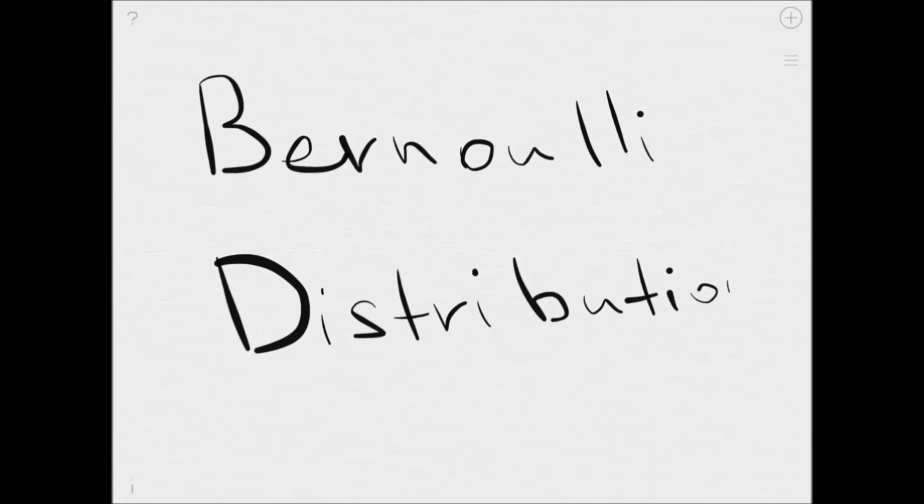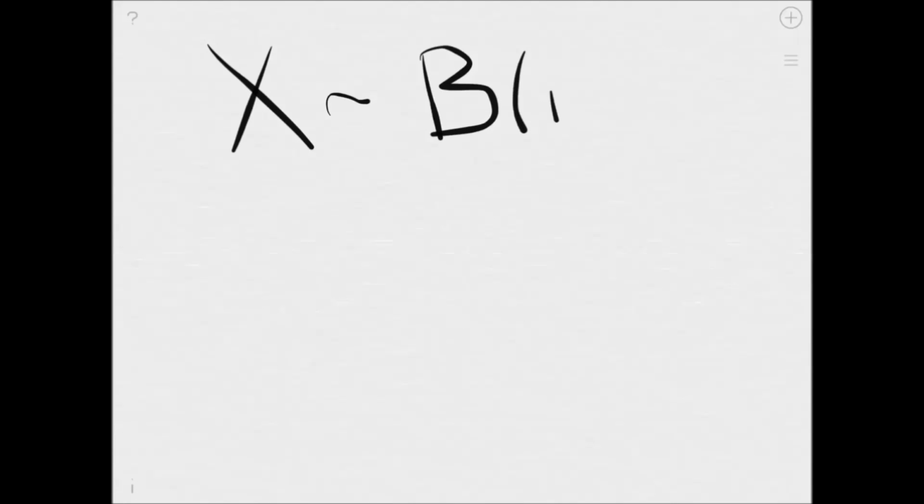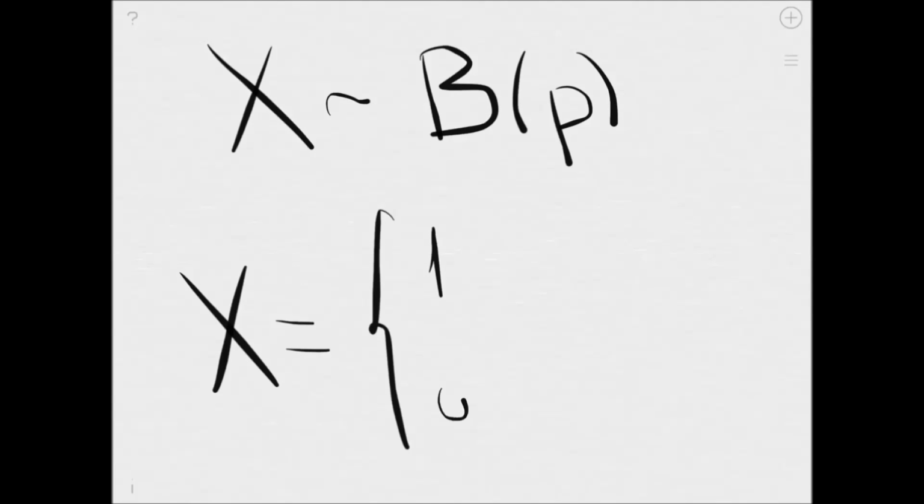So, first of all, definition. We say that random variable x has Bernoulli distribution with probability p if it has two outcomes, 1 or 0. The probability of 1 is equal to p, and the probability of 0 is equal to 1 minus p.